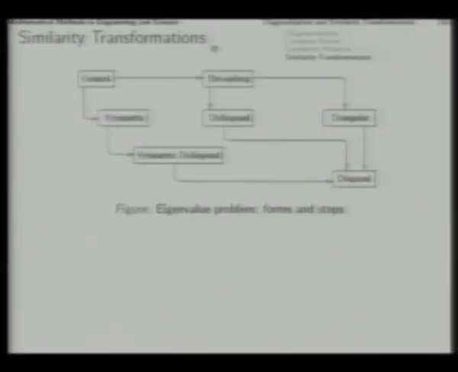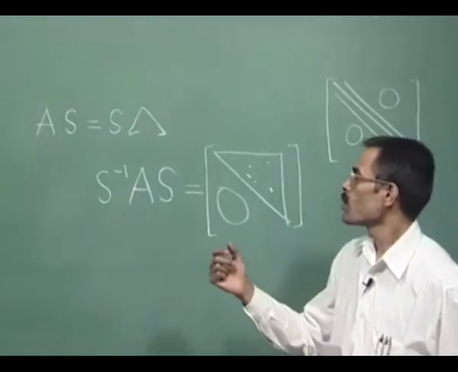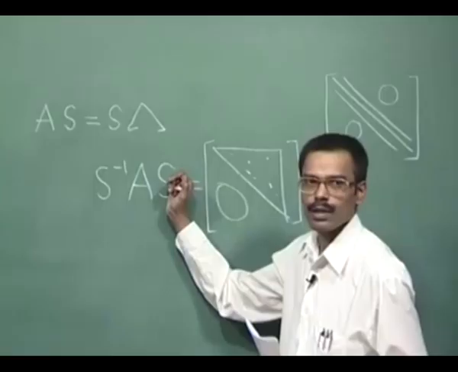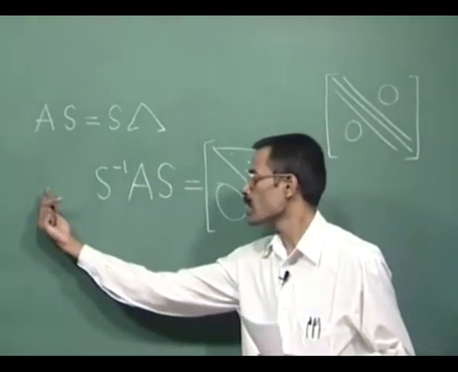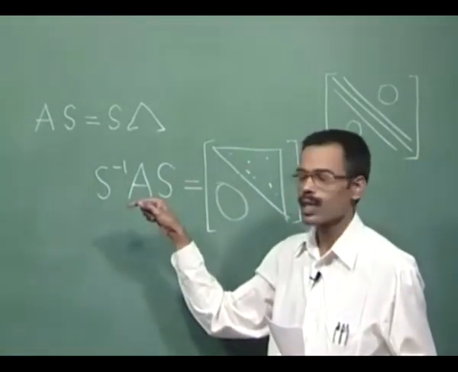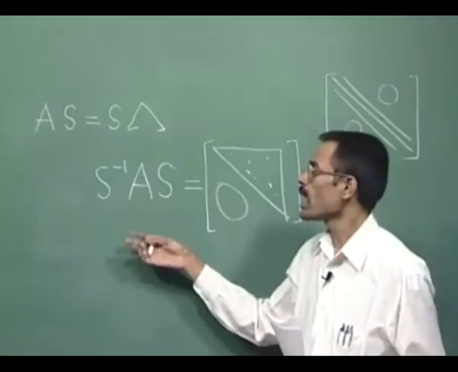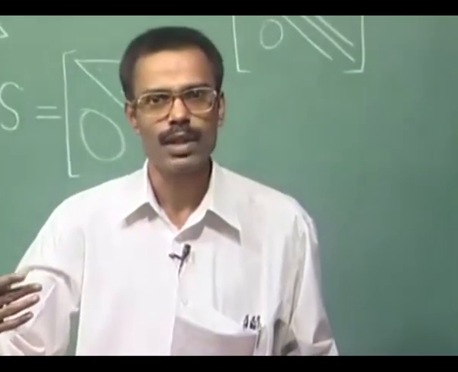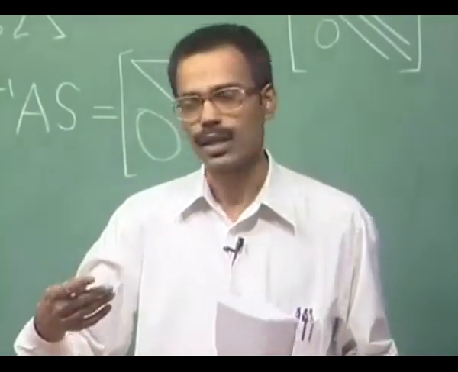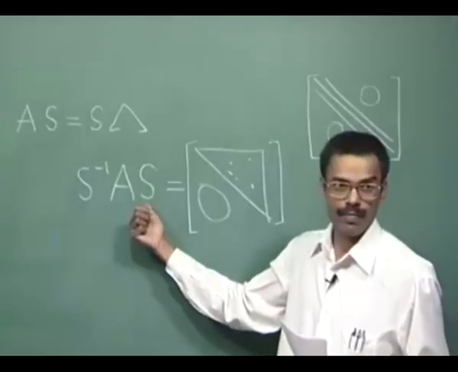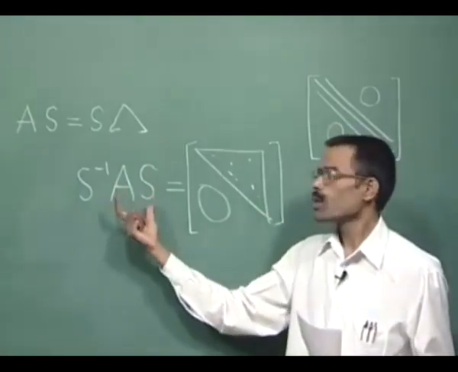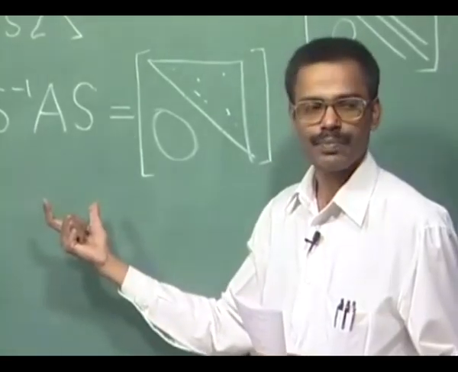That is, we must multiply the matrix A on the right side with one matrix and on the left side with its inverse, then only it is a similarity transformation, and that will mean that it is basically the expression of the same linear transformation in a new basis, the basis S. So, through similarity transformation only we must do all these transformations.